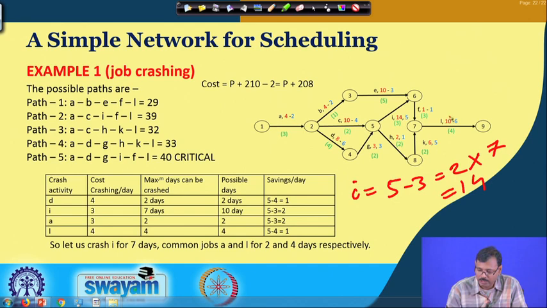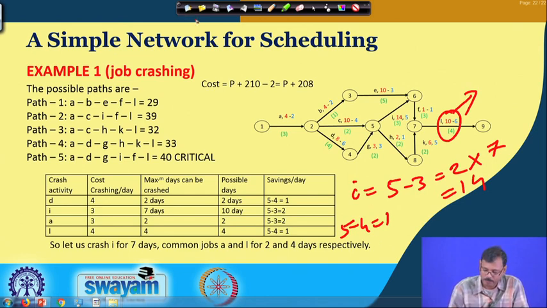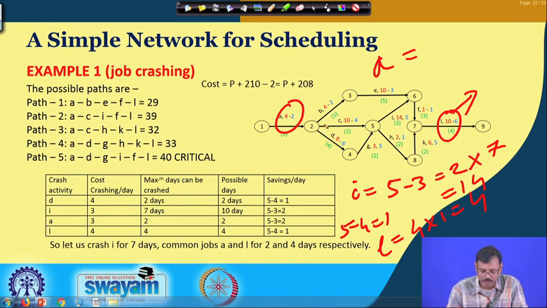There is 1 unit profit, 5 minus 4, for crushing L, and we are crushing it for 4 days, so the profit for L is 4 into 1, that is 4 units. Similarly, for A our benefit is 2, so 2 into 2, that is again 4 units profit.